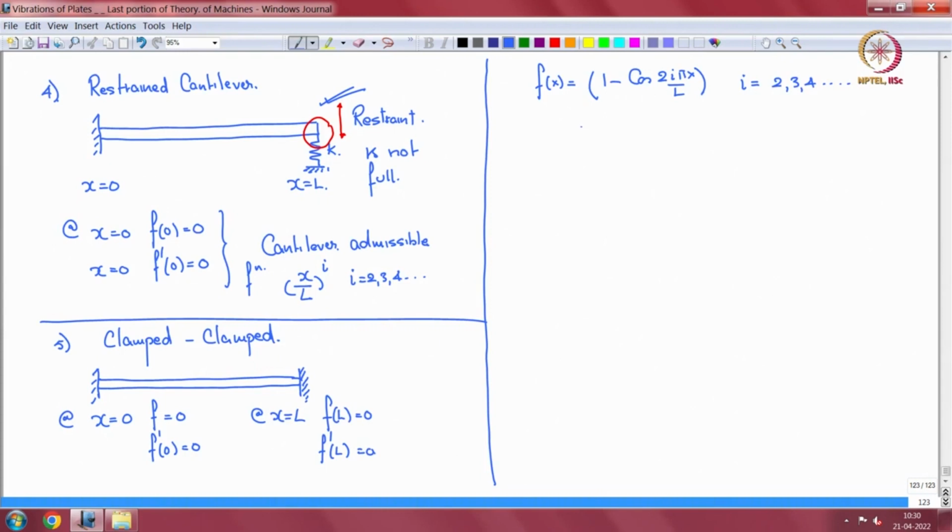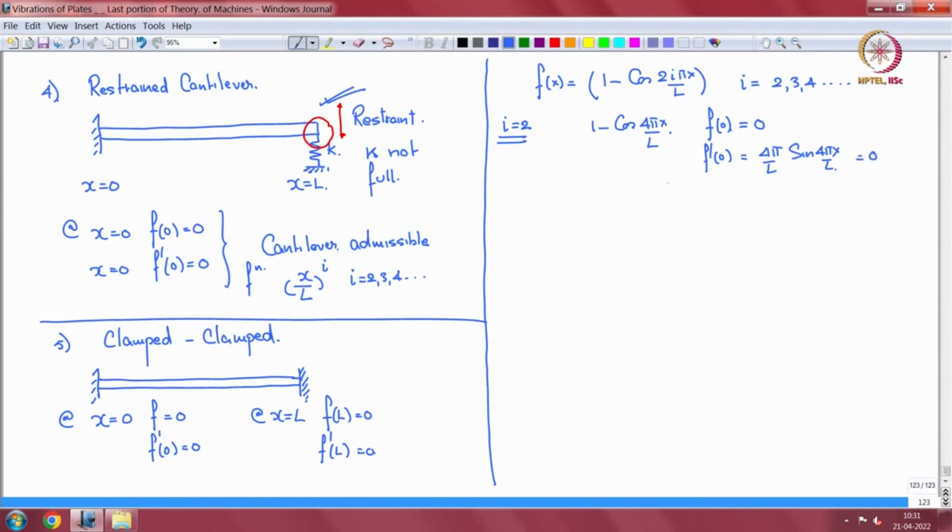Let us see for i equal to 2. We have 1 minus cos 4 pi x by L. So f at 0 is 0, and f dash at 0 is equal to 4 pi by L sine 4 pi x over L, which is equal to 0.